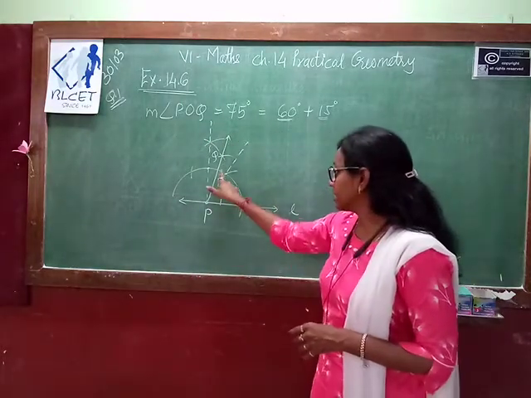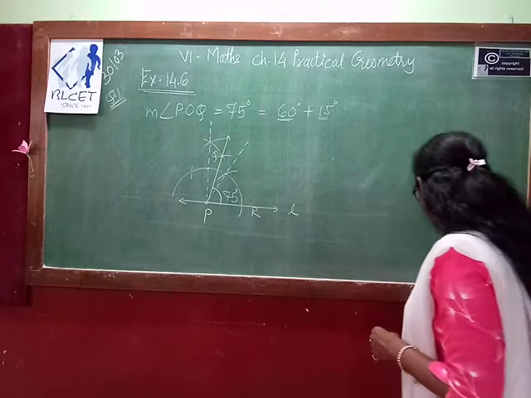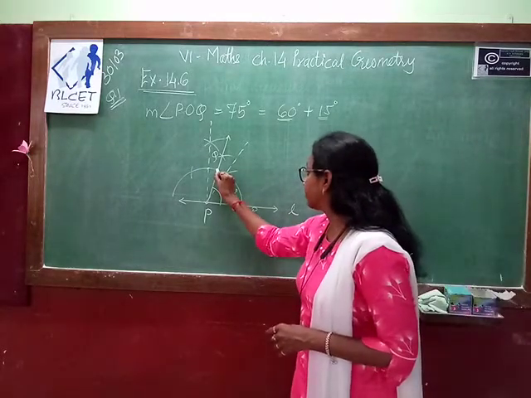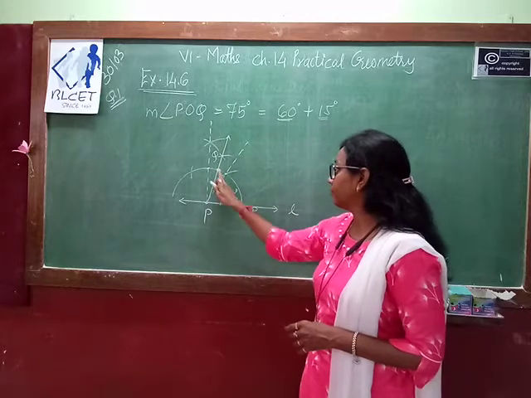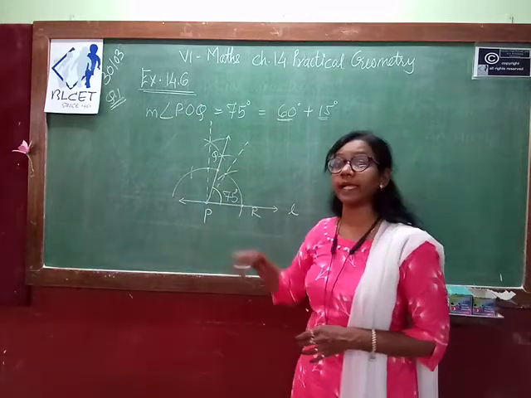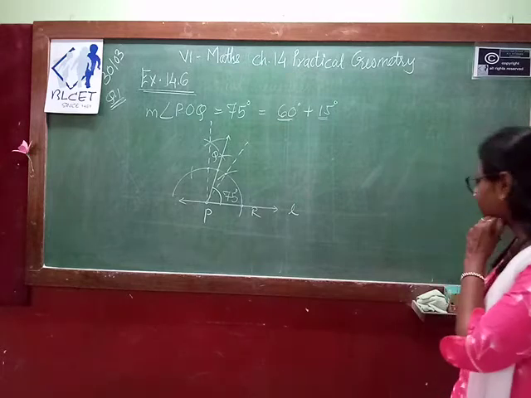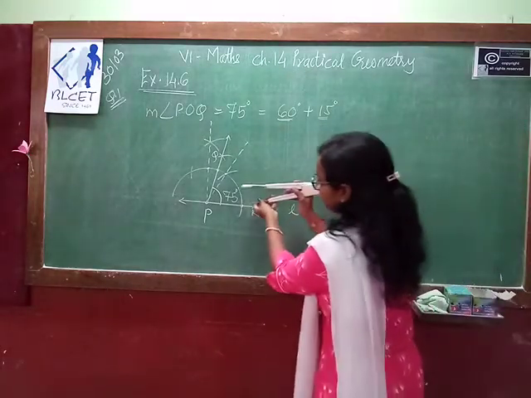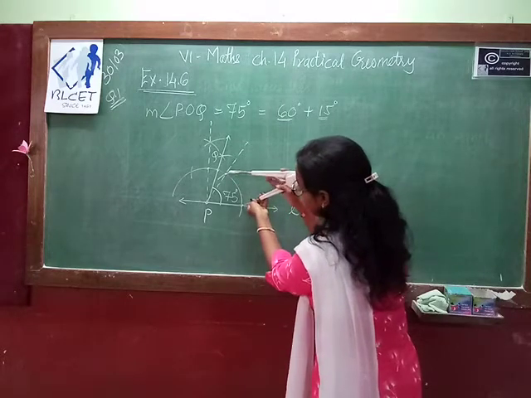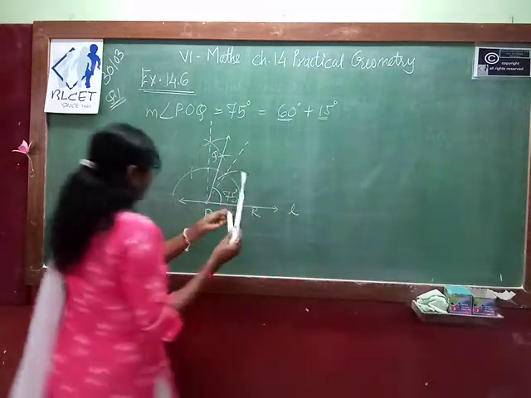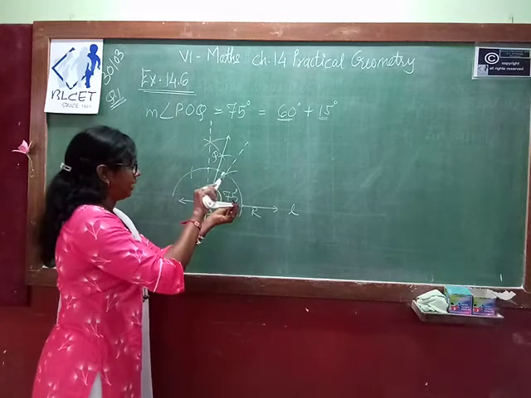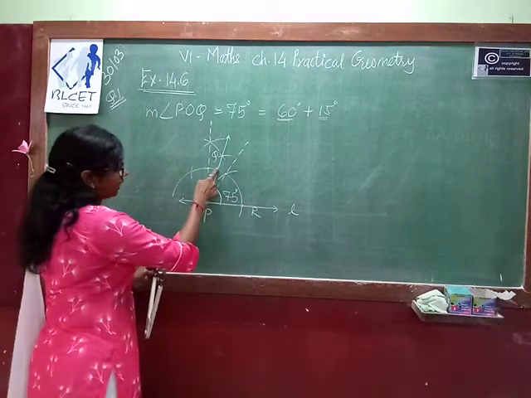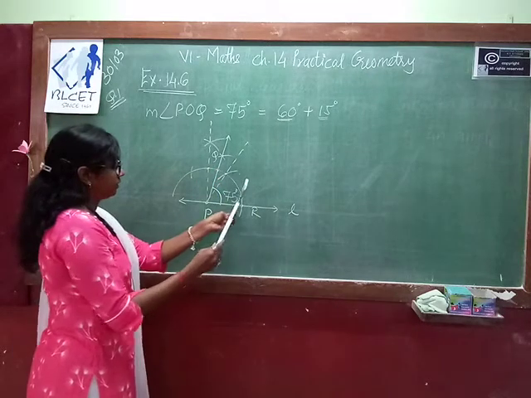Okay. So now this is 75 degree. So which 2 points are we getting? This and this. We take the measurement in between these 2 points and again bisect. So let's see. Keep your pointer over here and find the distance between R and this point.